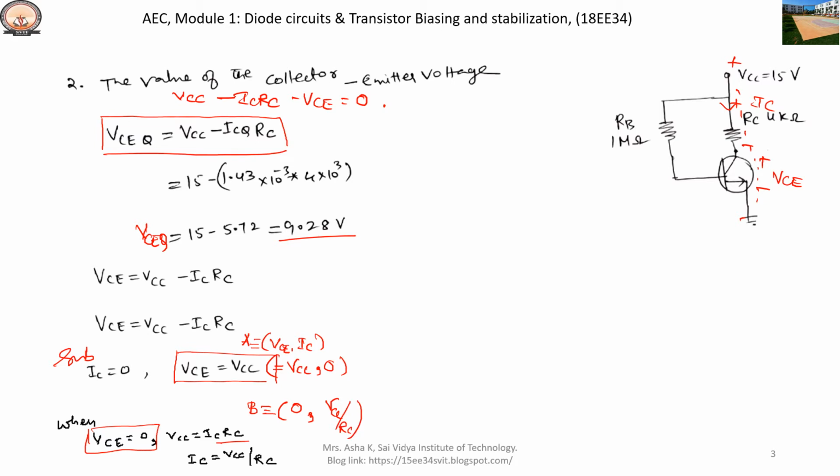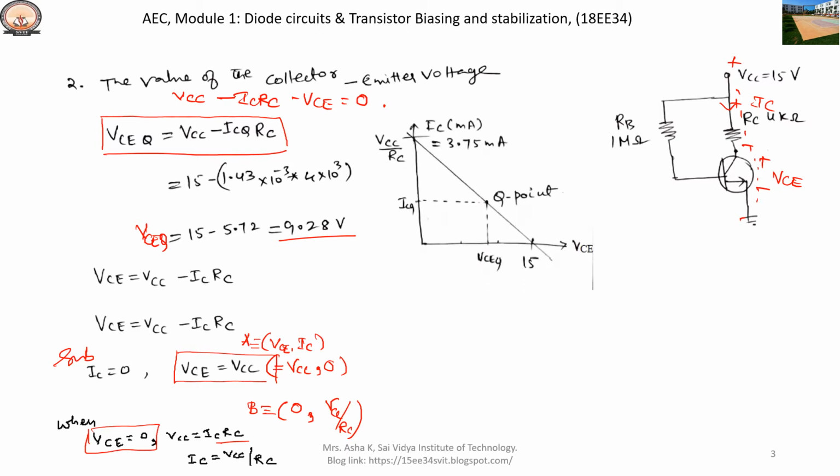On the output characteristics curve, that is variation of the collector current with respect to the collector to emitter voltage is drawn. Upon the output characteristics curve, mark the point A, that is 15, 0 and point B, it is known as 0, VCC by RC, that is equal to 3.75 milliamperes.